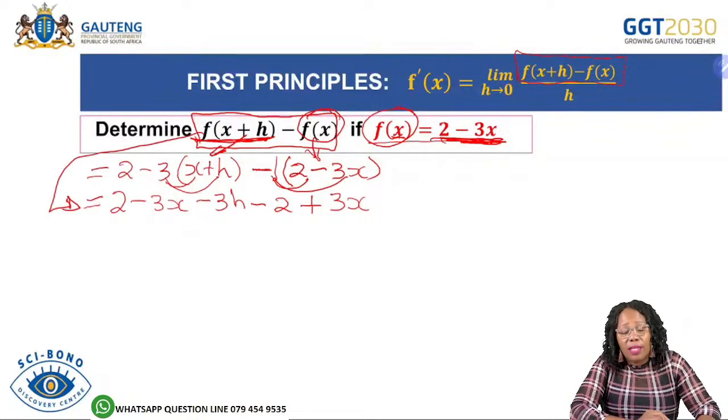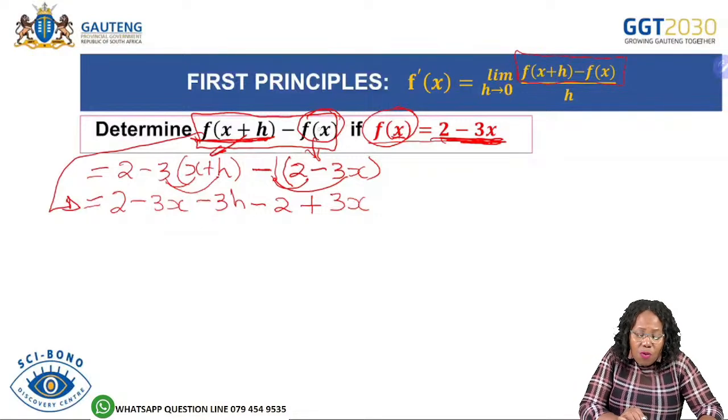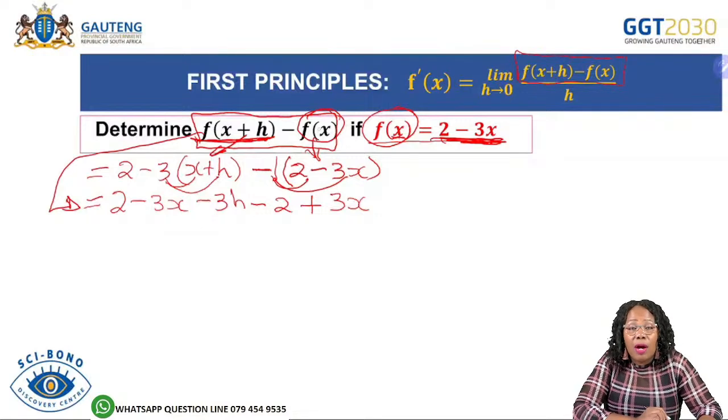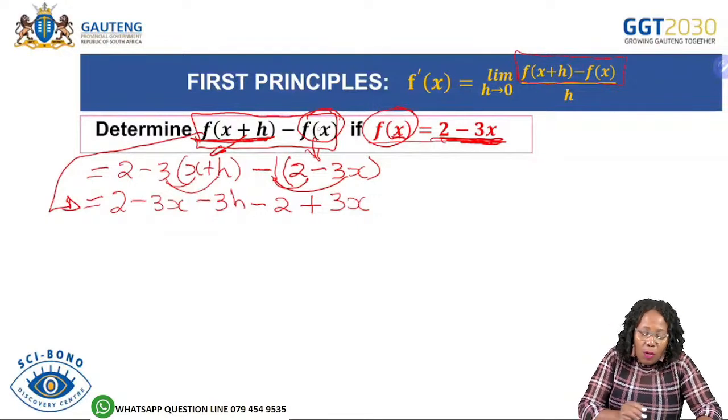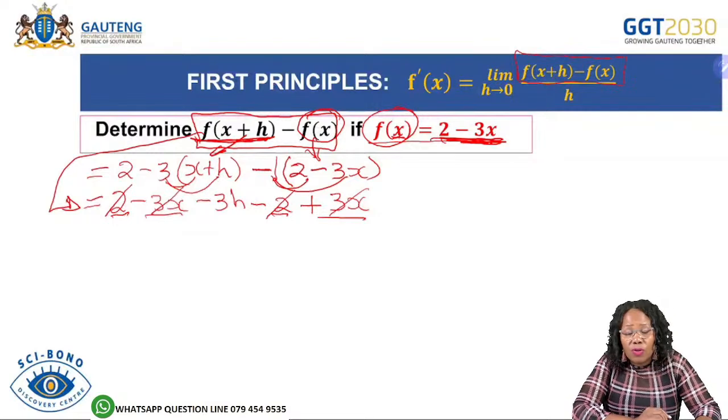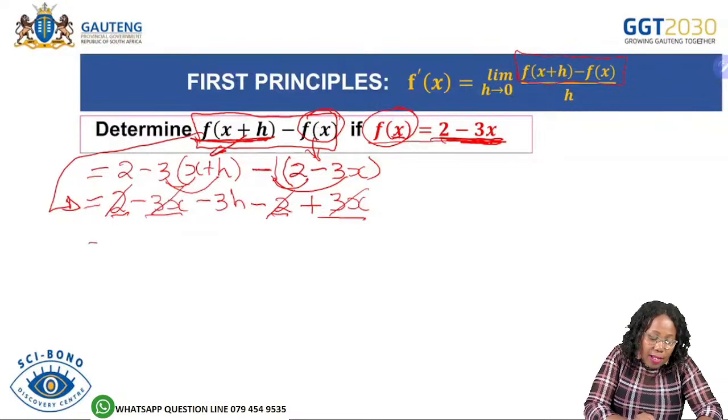But if you look at the f(x + h) minus f(x), you can see that you now have common or like terms. We have a 2 minus a 2 there, which will give us a 0. And then we have a 3x minus a 3x, which will also give us a 0. So finally, when we simplify this, we end up with minus 3h.